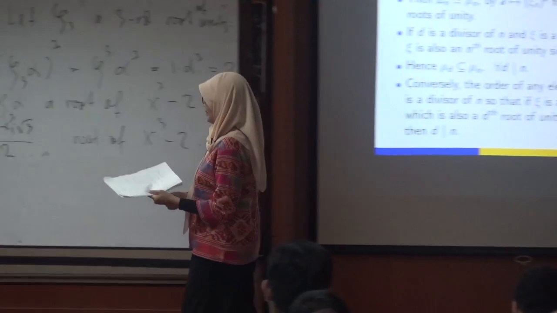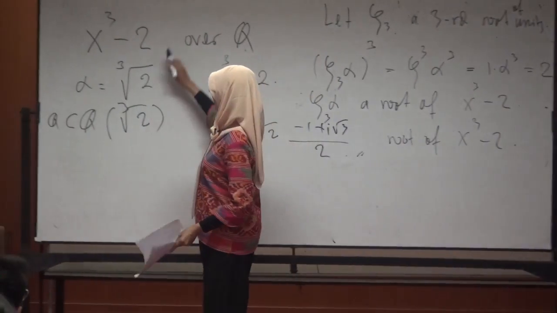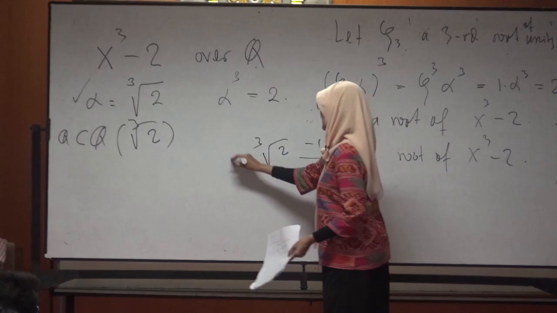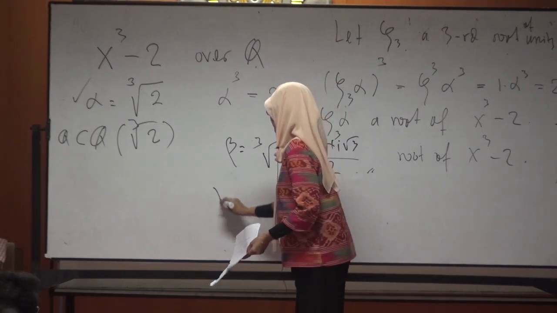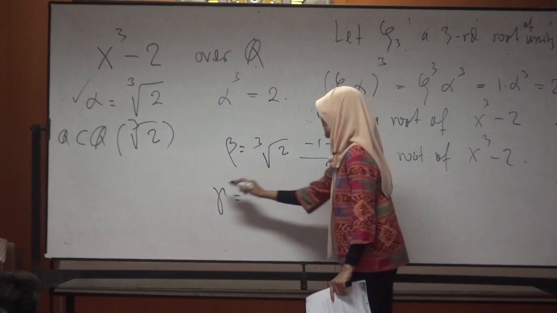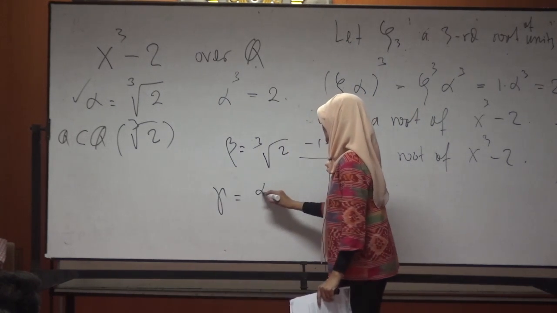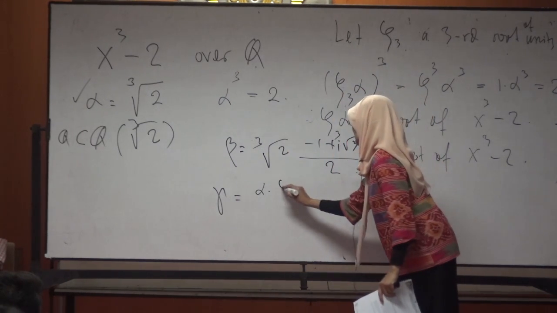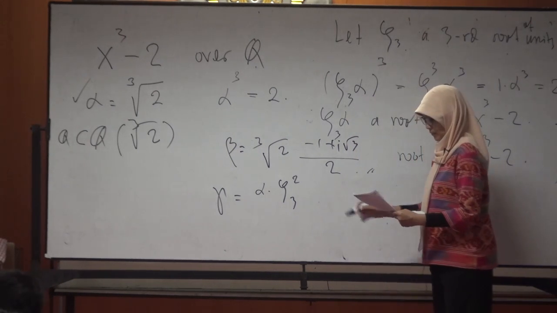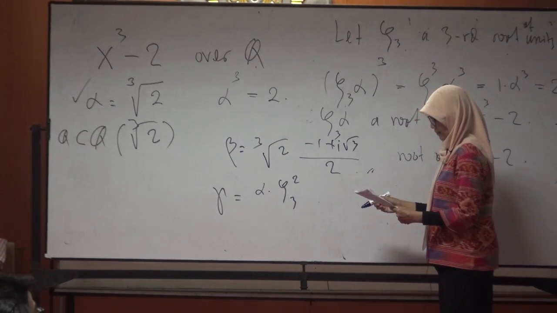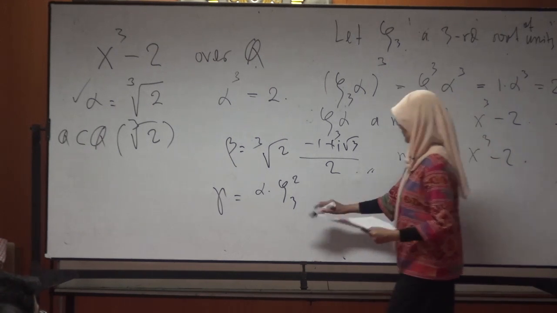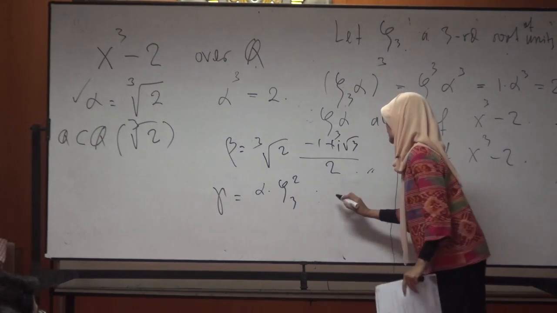Okay, and all the roots of this polynomial: this is alpha, this is beta, for example, and we still have one more, gamma, for example. It is gamma, it's alpha times zeta squared.